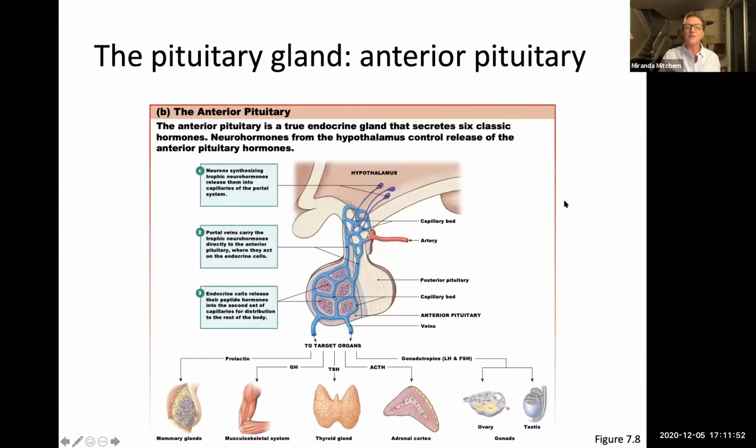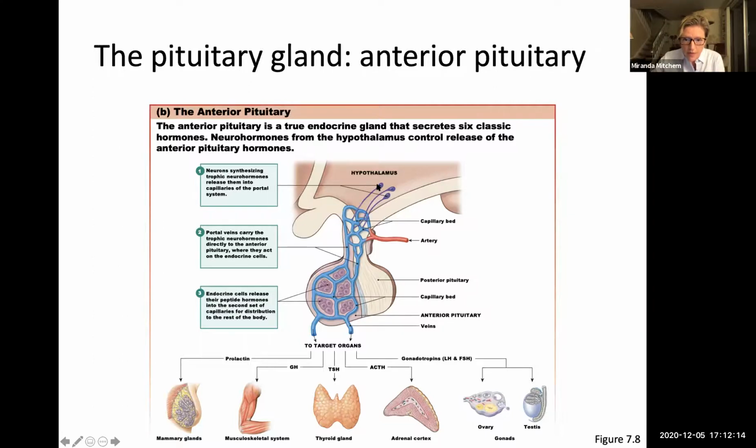Okay, so now let's begin our discussion of the hormones that are from the anterior pituitary gland. There are 6 of them, 6 hormones, and they all fall into the category of neurohormones because they're under the control of the hypothalamus, which is part of our brain.